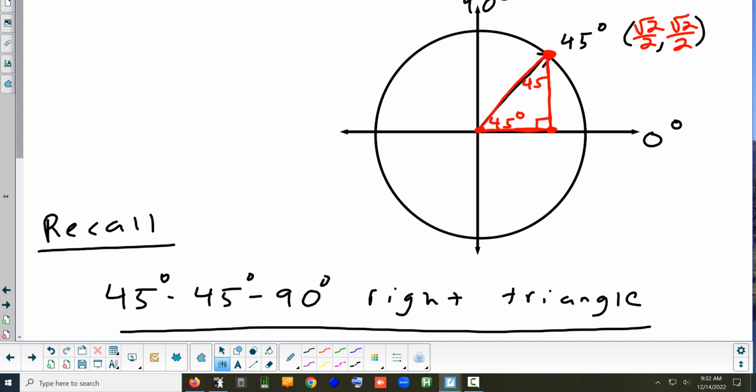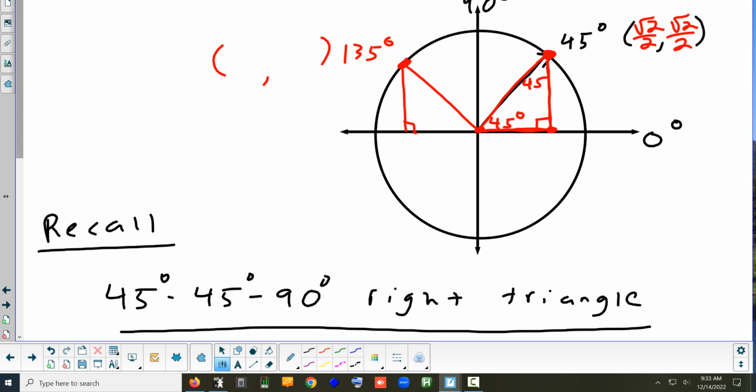Now I said once you know what the coordinate is for 45, you should be able to find the coordinate for any multiple. Here's 135 right here. It's a mirror image of the triangle in quadrant 1. So what do you think the coordinate would be for 135?